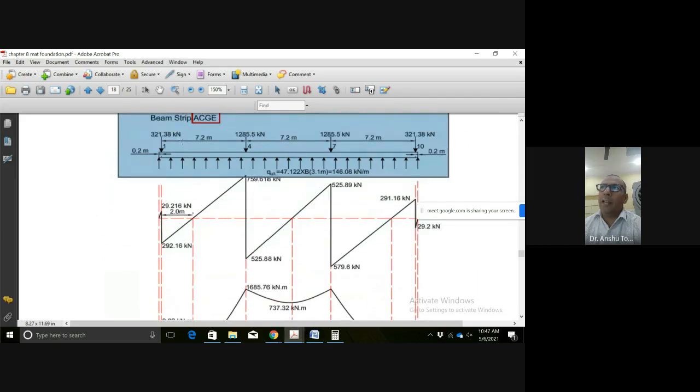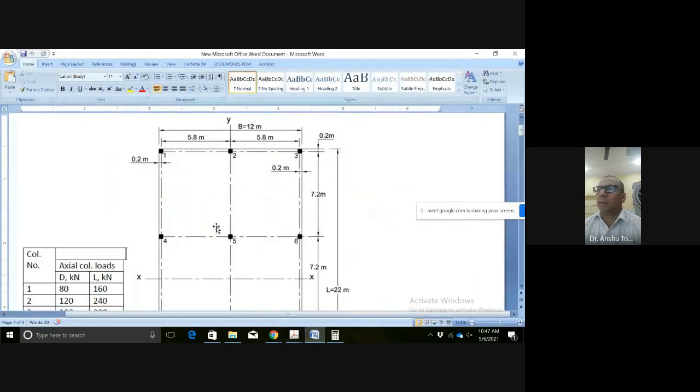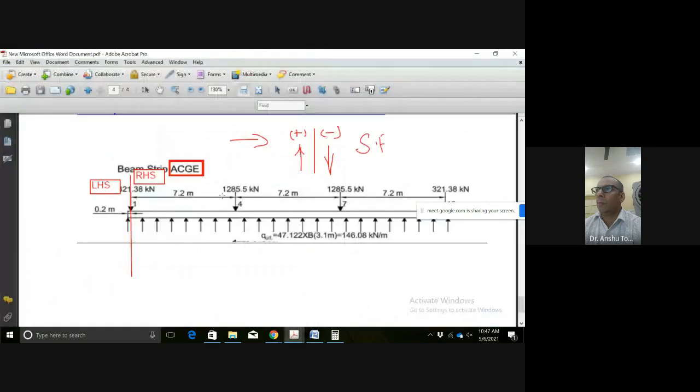Now, when we have got the sign convention here, what is going to be the value on the right hand side of this particular point load? Please don't be mum and hush.